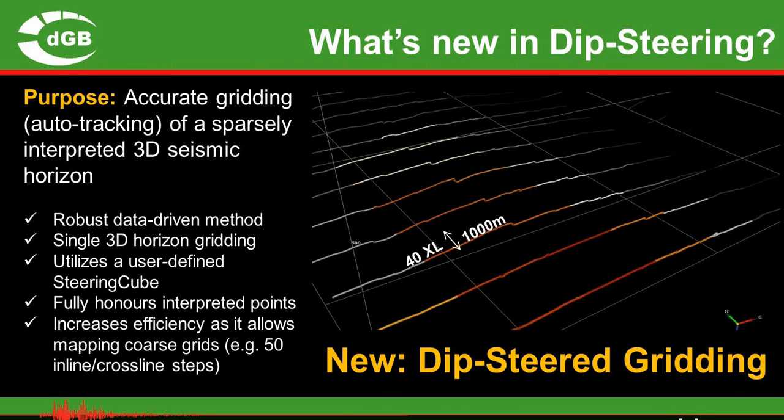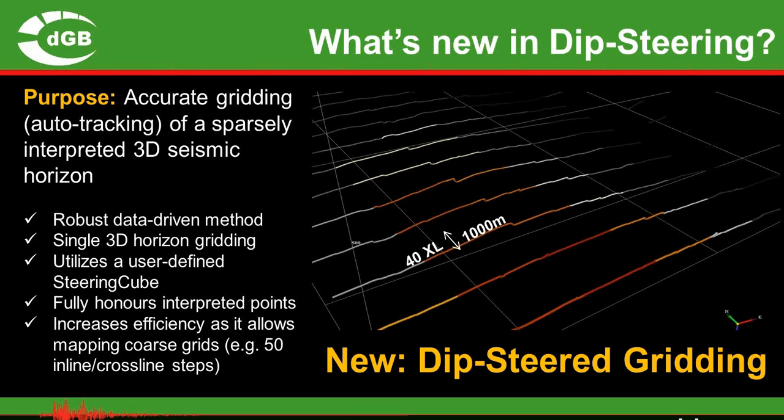So typically when we interpret a horizon, we interpret a number of inlines and crosslines in a sparse grid, and then we just create a complete horizon by applying some kind of mathematical gridding algorithm to infill the horizon. Typically this is done with inverse distance or maybe some kind of a triangulation.